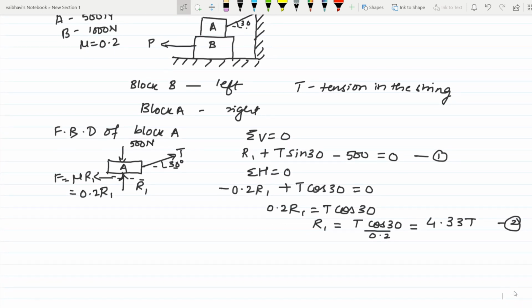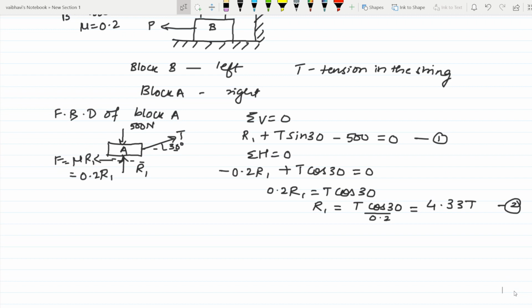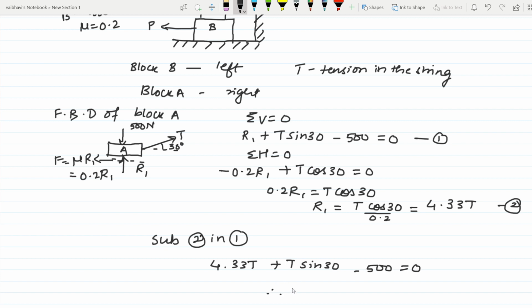Substituting equation 2 in equation 1, that is 4.33 T plus T sine 30 minus 500 equal to 0. Therefore, T is equal to 103.52 Newton.